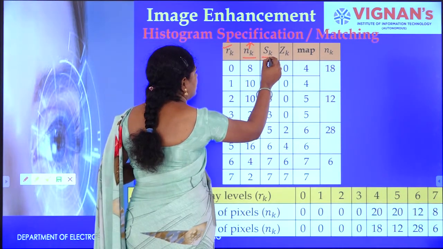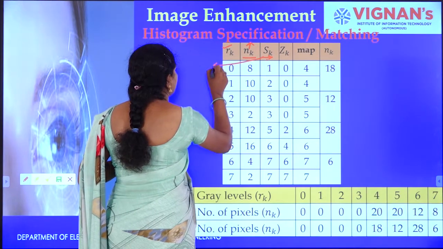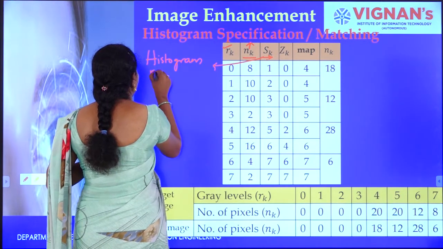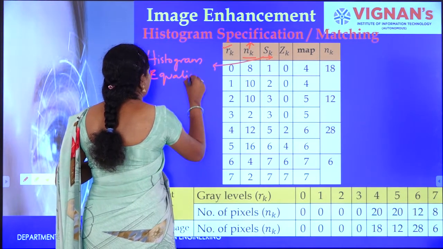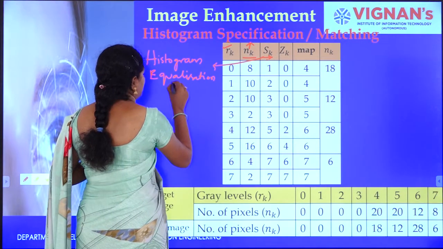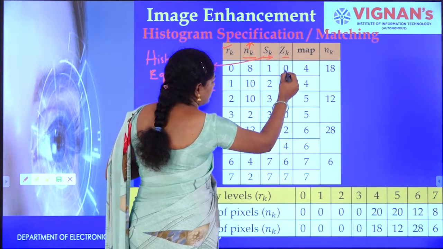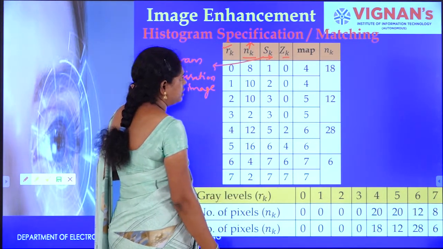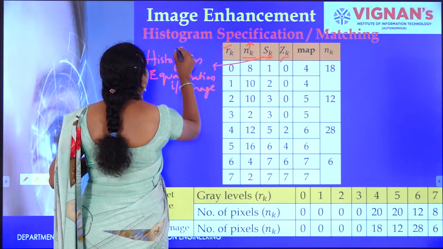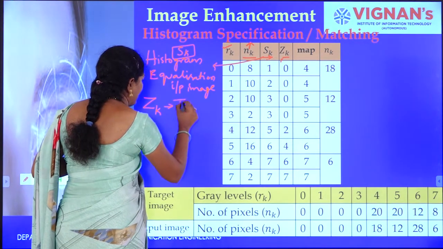SK is the histogram equalization of the input image, and ZK is the histogram equalization of the target.